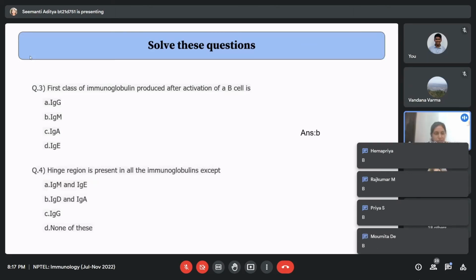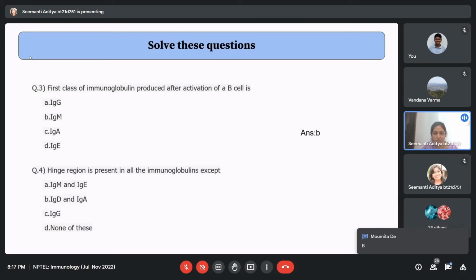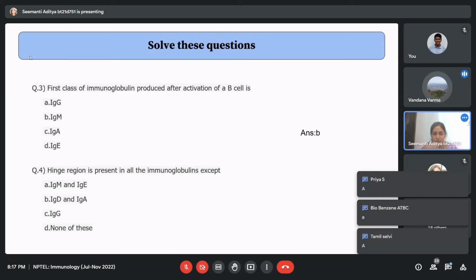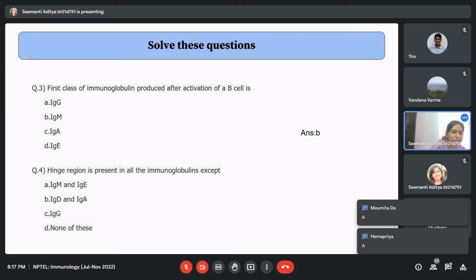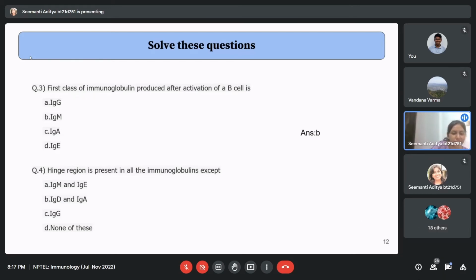The fourth question: hinge region is present in all of the immunoglobulins except which one? Last class we were discussing the hinge region structures, and which immunoglobulin will not have a hinge region. Can you just unmute and tell me instead of writing in the chat box?